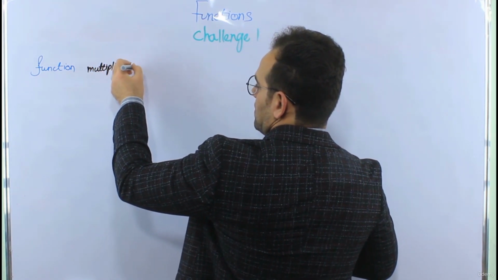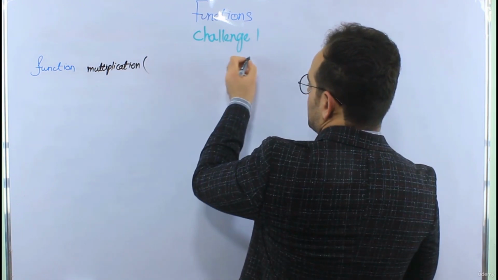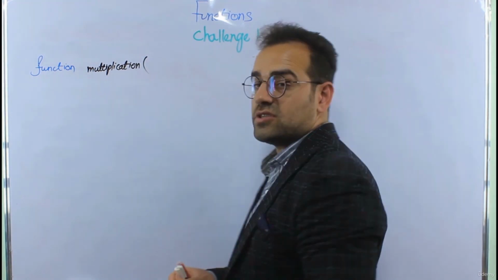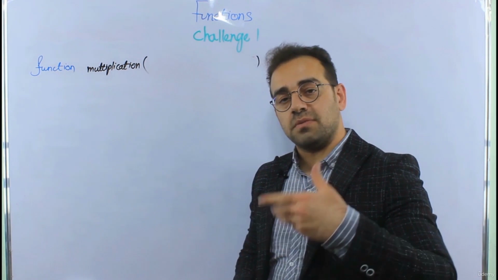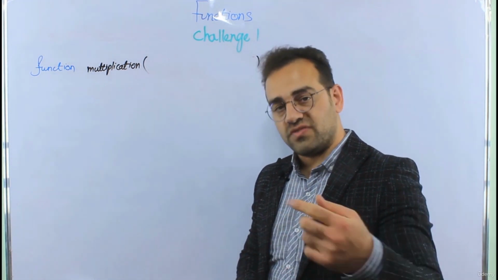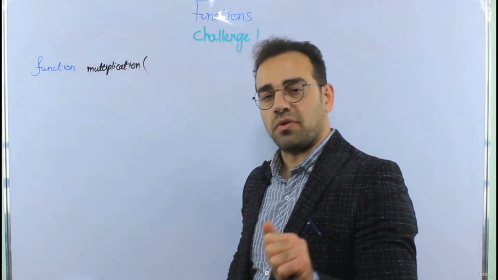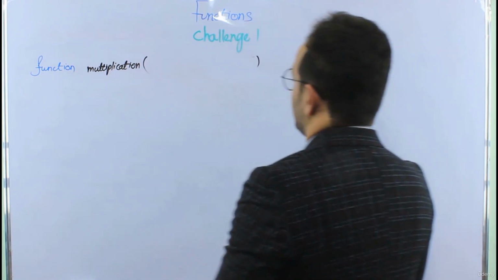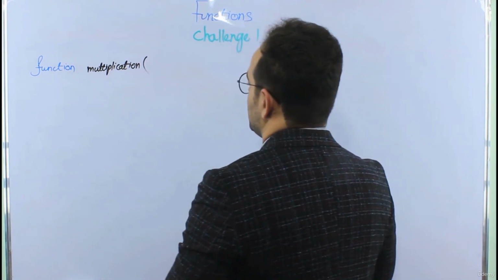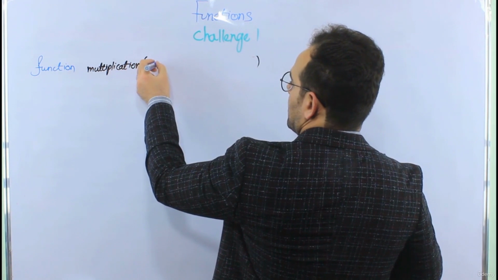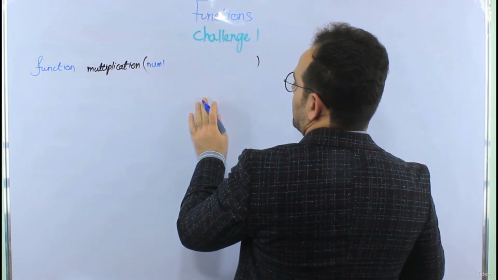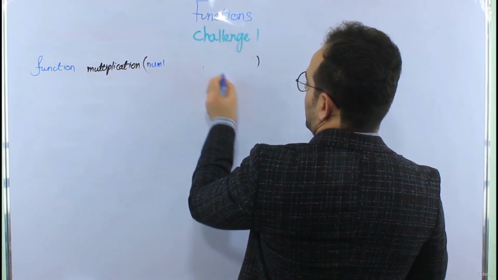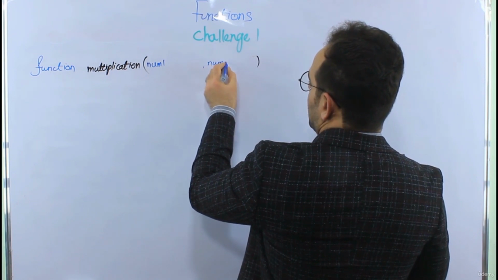Let's create our parameters. Since we are multiplying 2 different numbers, I'm going to create 2 parameters for them. The first parameter is going to be num1, and the second parameter is going to be num2.